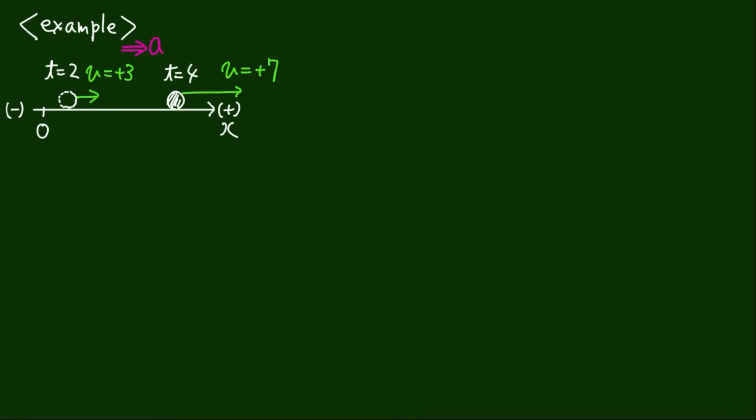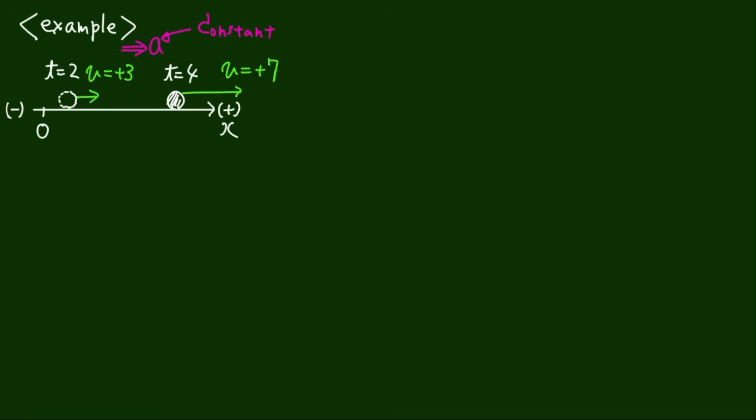Let us say it becomes plus 7. Good, right? Motion where velocity changes at a constant rate like this. This kind of linear motion is called uniformly accelerated linear motion. Good, right? The important thing is that in this uniformly accelerated linear motion, the acceleration remains constant, right?